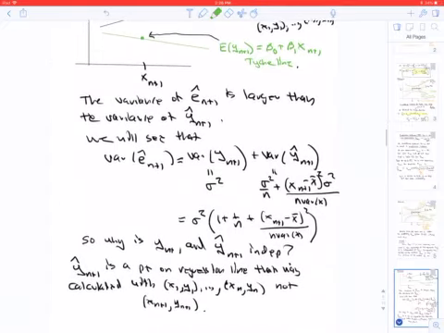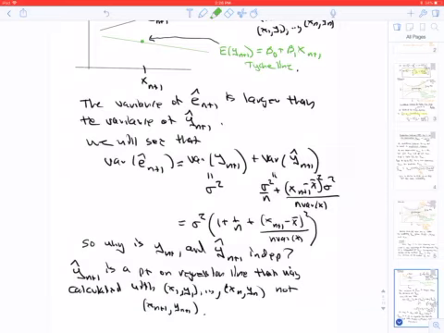You can see that what's necessary here to get the larger variance is that your y n plus 1 is completely independent of y hat n plus 1, because y hat n plus 1 is on the regression line that was made with old data, and y n plus 1 is completely independent of your old data. So y n plus 1 is completely independent of y hat n plus 1.